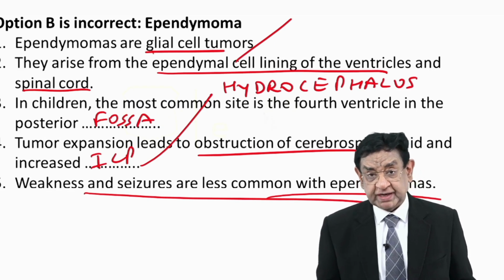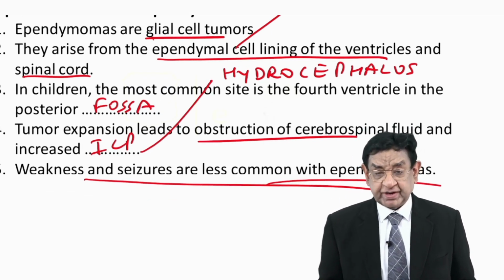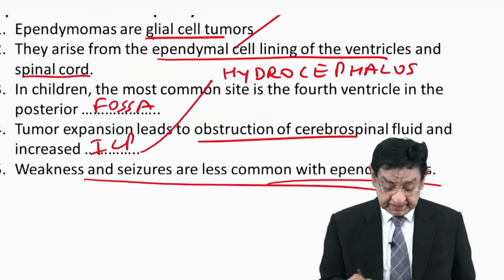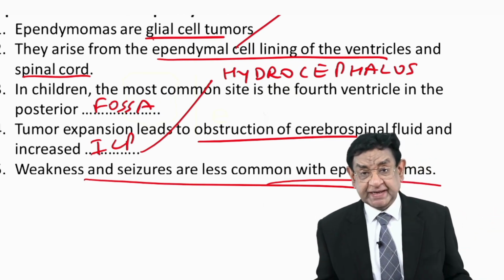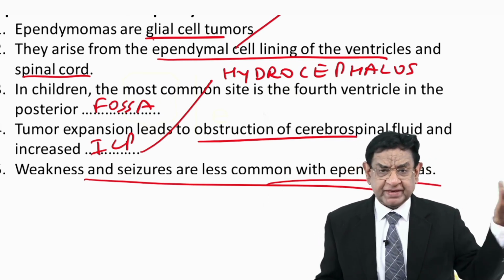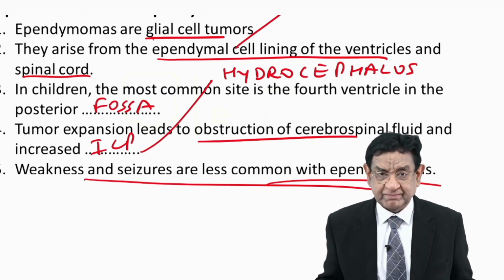Well, I have a simple question for you. Stop the video, write down the answer. We can get hydrocephalus also in maybe some bleeding in the meninges, which could be epidural, subdural or subarachnoid hemorrhage.